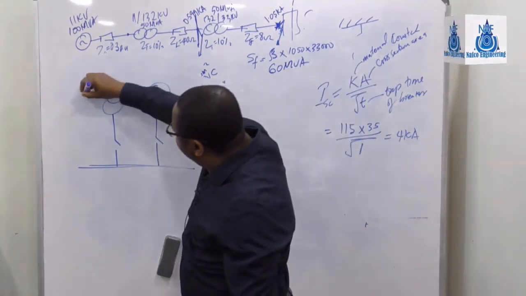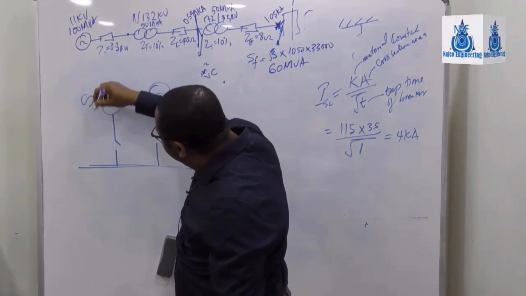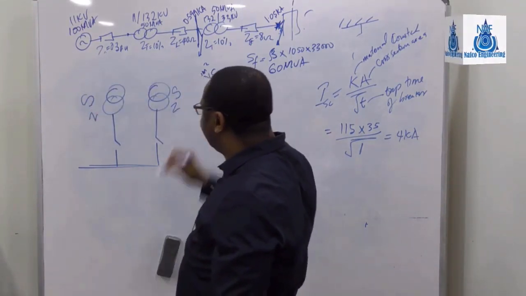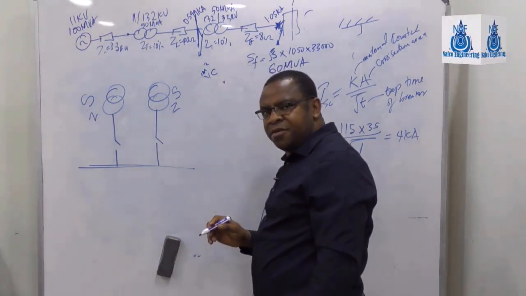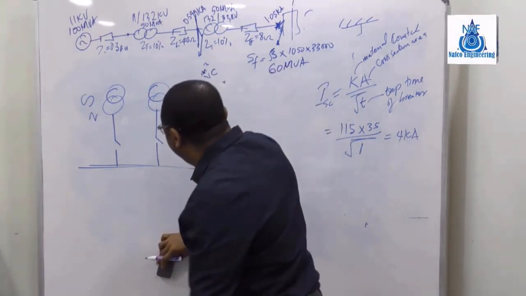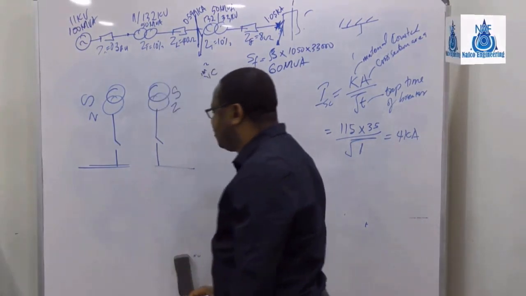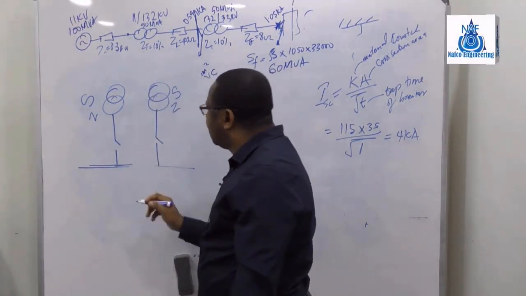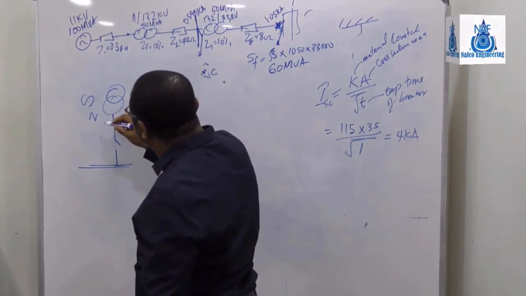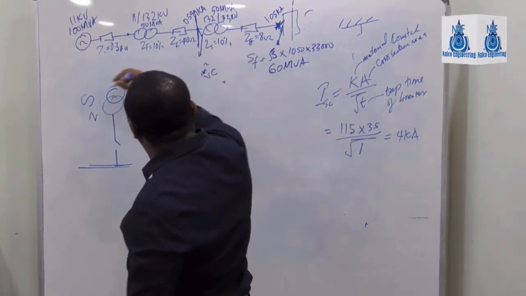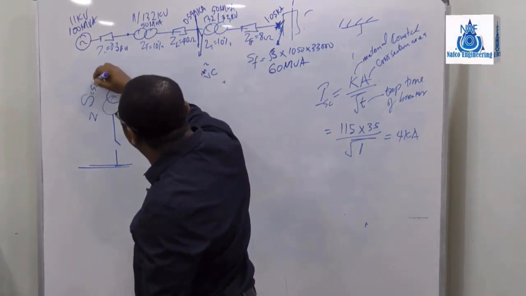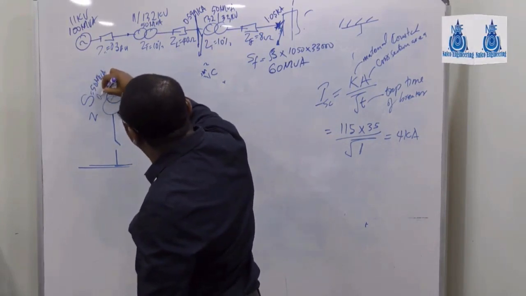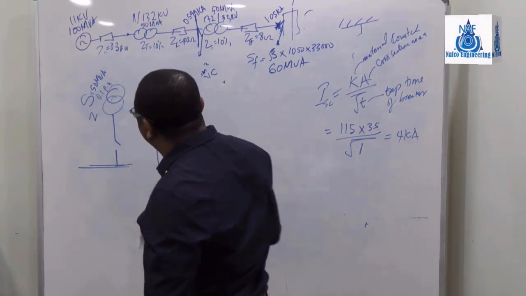If I have apparent power and its own Z, apparent power and its own Z. Remember, if this is not there and this is just on its own, let's say this is a 50 MVA and 0.1 per unit.